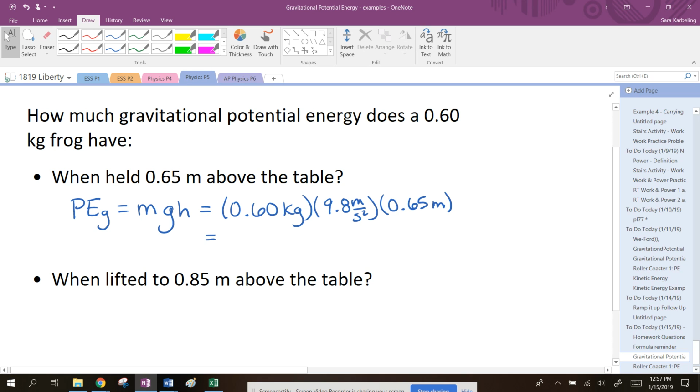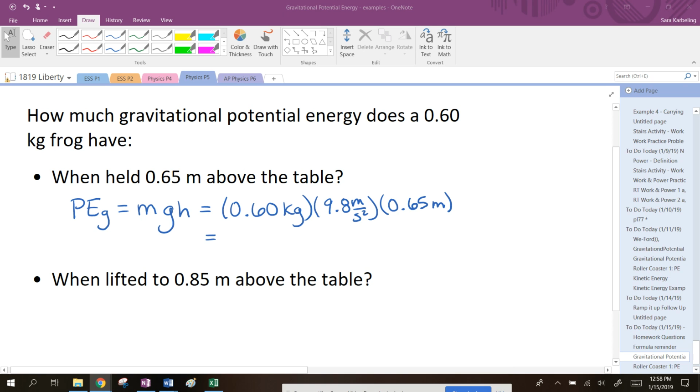How much gravitational potential energy does that frog have when he's 65 centimeters above the table? It's a very exciting and deep question, isn't it? Did you get an answer, Thomas? 3.8.